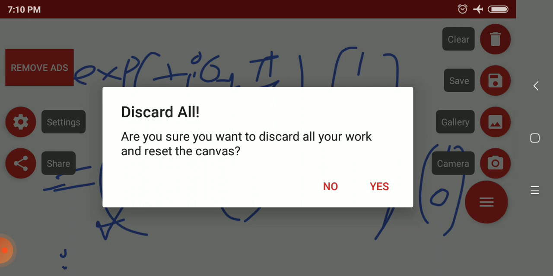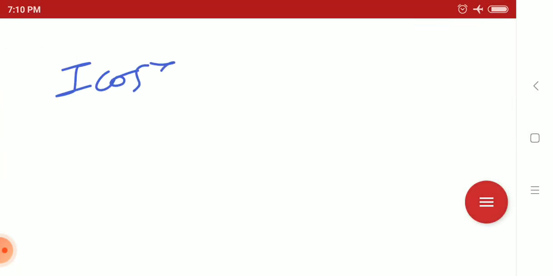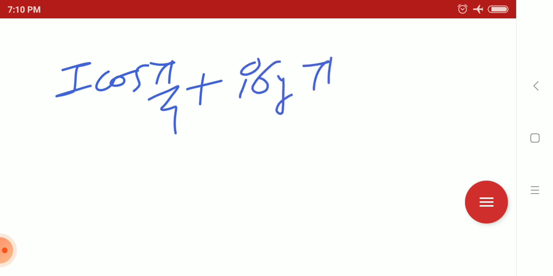So let's do the calculation. I cos(π/4) + iσ_y sin(π/4). Now I is what? The 2x2 identity matrix, [1, 0; 0, 1].